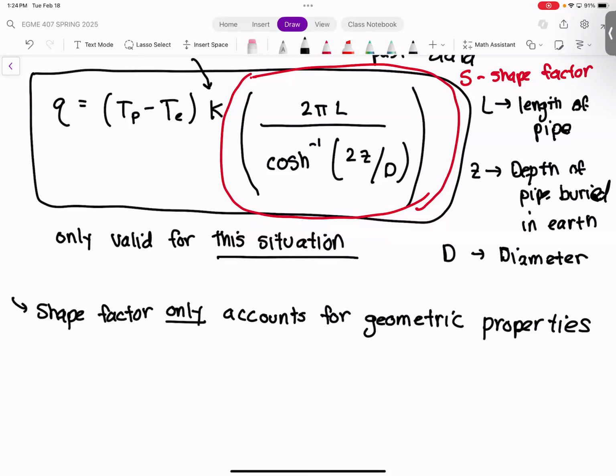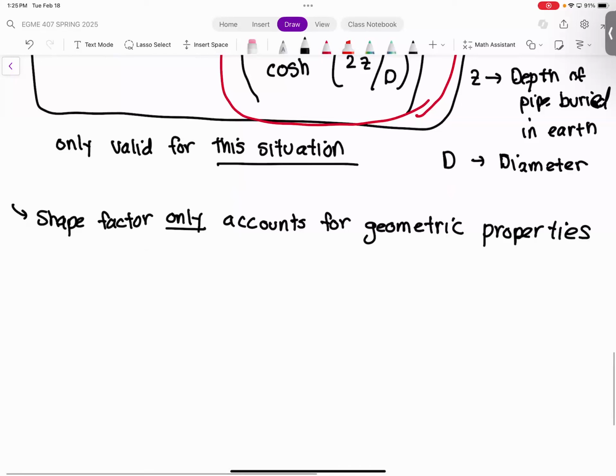So everything that has to do with the geometry, the lengths, the diameters, the depth that it's buried, is there. Whereas all the thermal properties, like the temperature difference and thermal conductivity, we've separated outside. So if we rewrite this equation and substitute in that shape factor, we get a general formula for heat transfer in these two-dimensional situations.